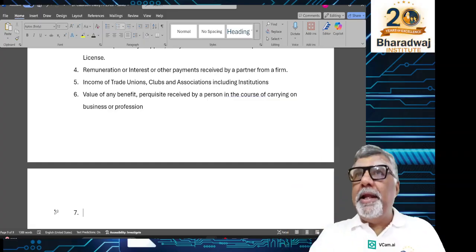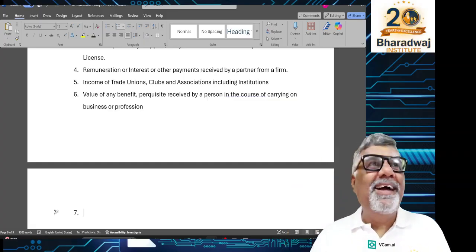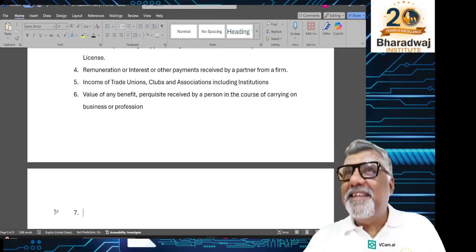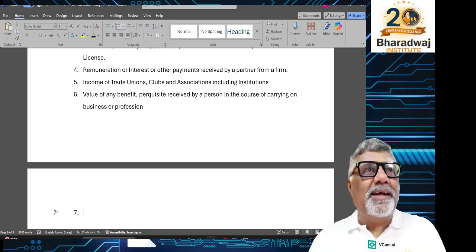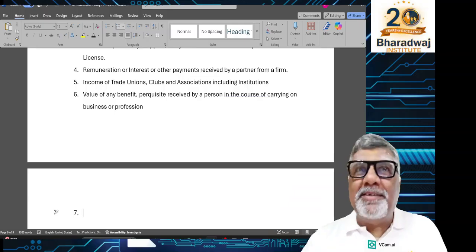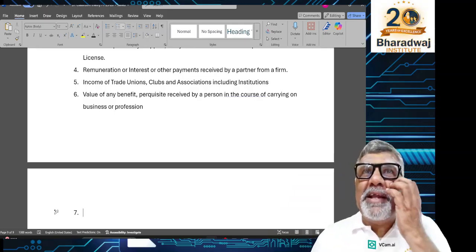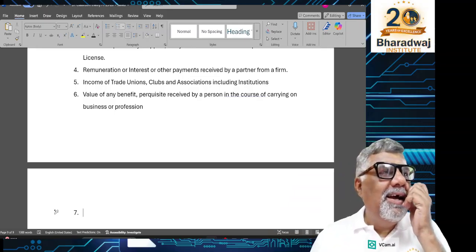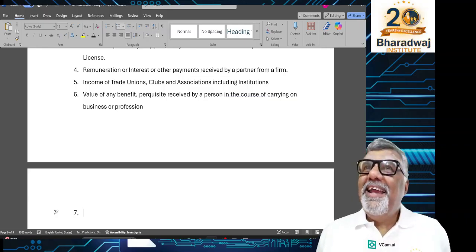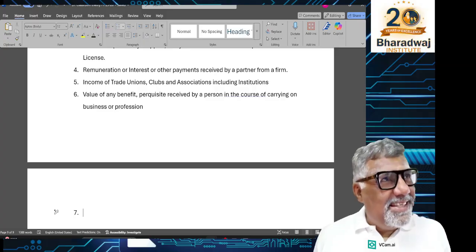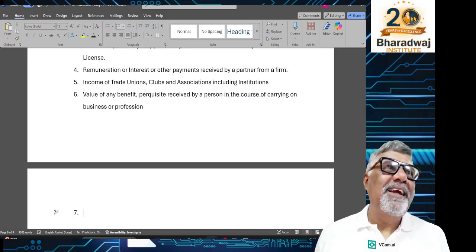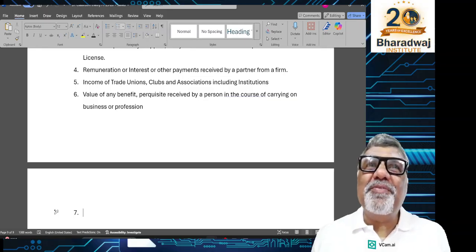Next to IPL, he only has a lot of sponsors. Stethoscope, you will see a pharmaceutical company name. Table weight, paperweights. Any benefit or perquisite received by a person in the course of carrying on business or profession.